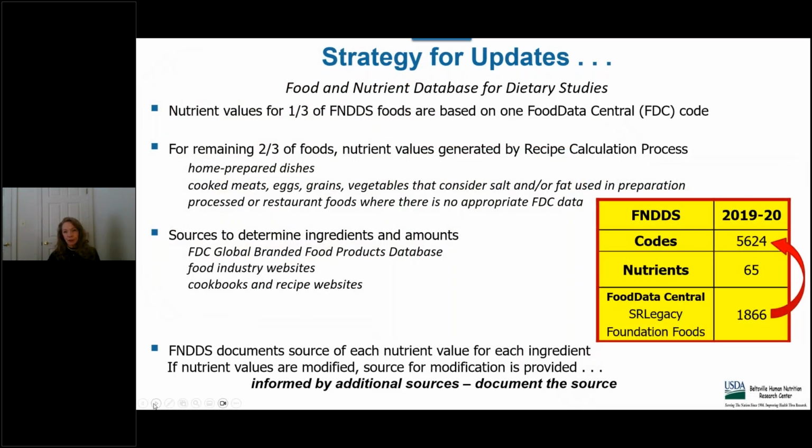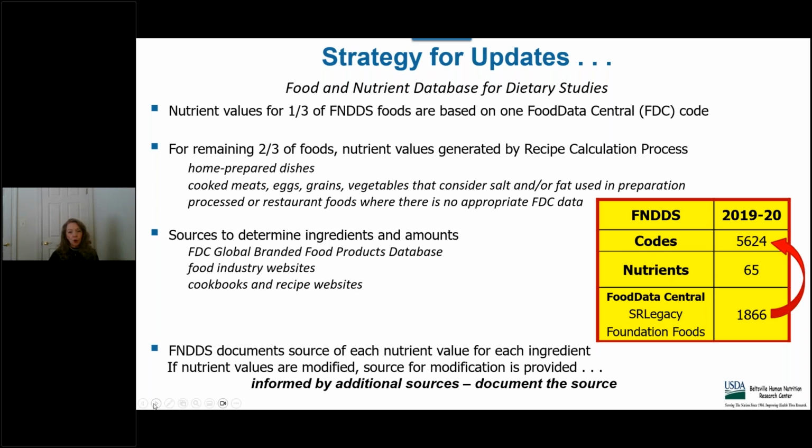Now let's jump to FNDDS. The nutrient values for about a third of the foods in FNDDS are based on one Food Data Central code. The remaining 2/3 of the foods, the nutrient values are generated by FSRG nutritionists using a recipe calculation process.